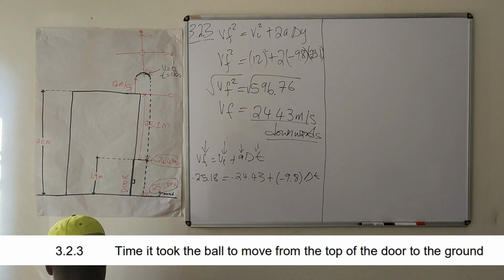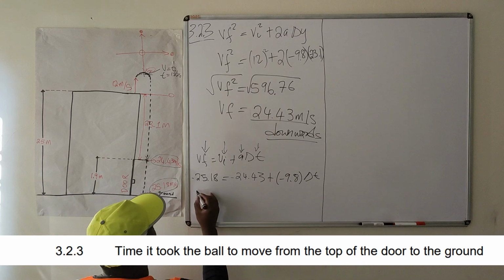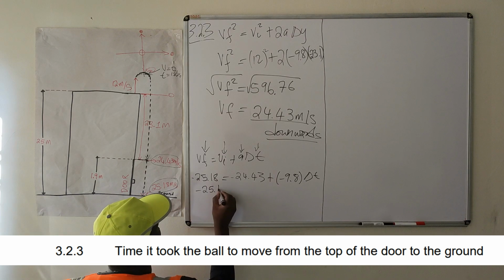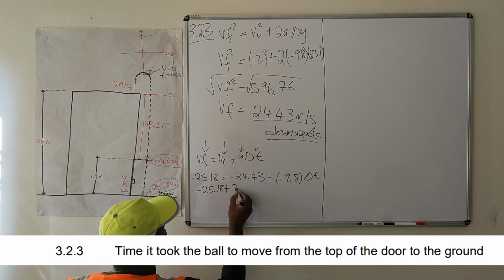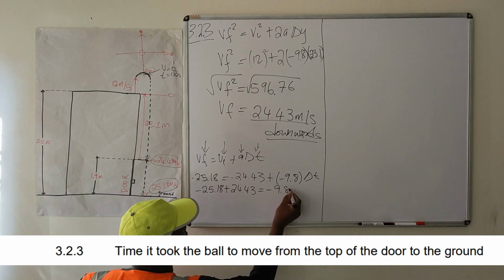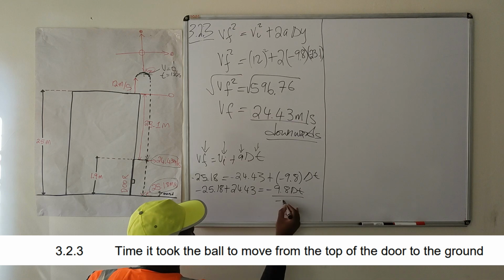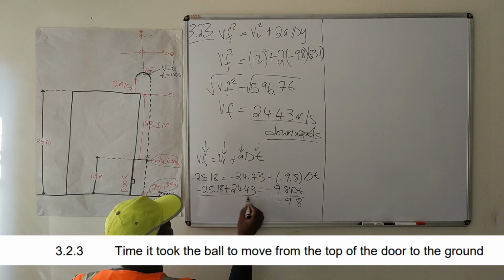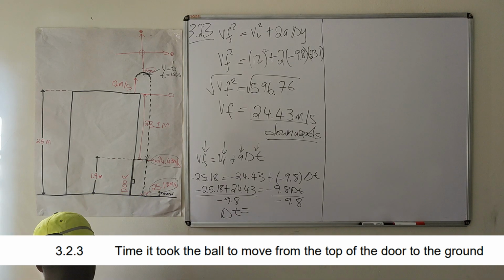So solve this first. Negative 25.18 plus 24.43 is equal to negative 9.8 delta t. Divide by negative 9.8 on both sides. So delta t, which is the time, is equal to what now?